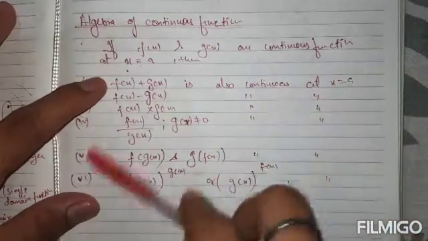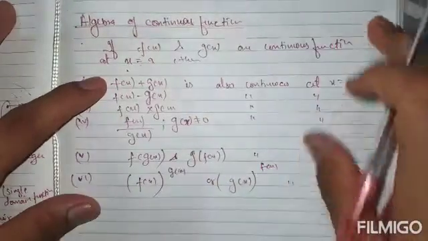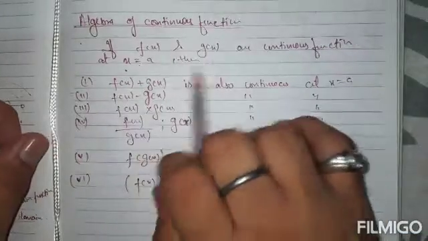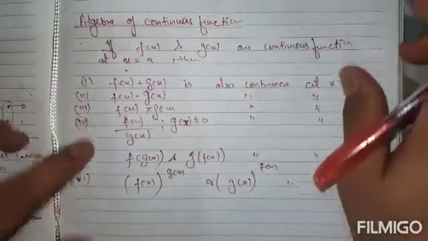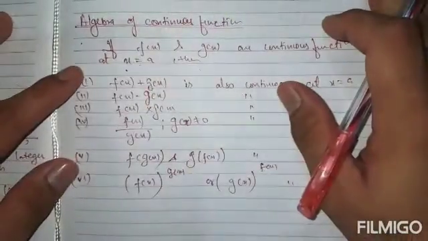For these to follow, the functions f(x) and g(x) must be continuous at the point x equal to a. You must remember that.